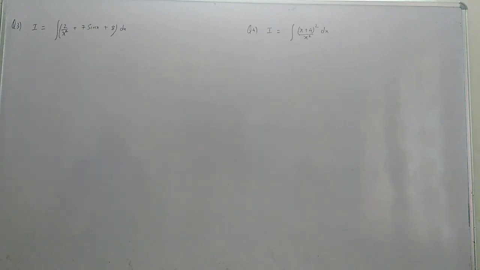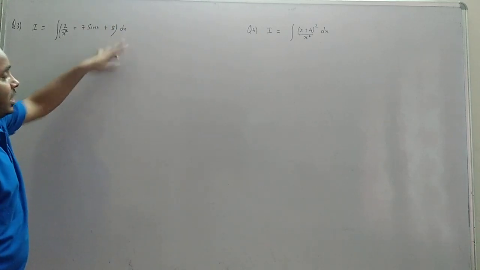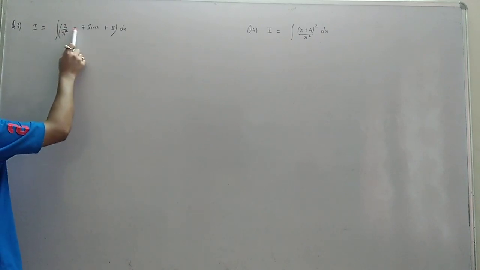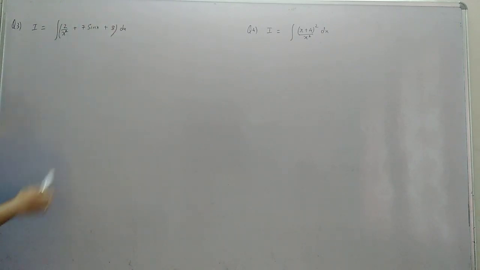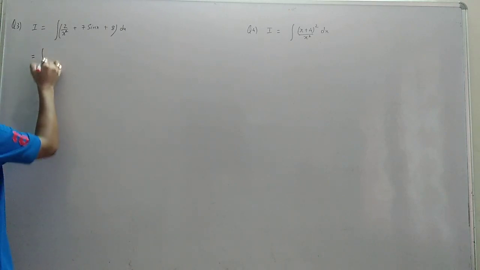Okay, now see, question number 3. I equals to integration of bracket 2 by x square plus 7 sin x plus 8 bracket close dx. Now see, inside the integration we have something plus something plus something. This plus plus form. So what will happen to the integration? They will segregate.